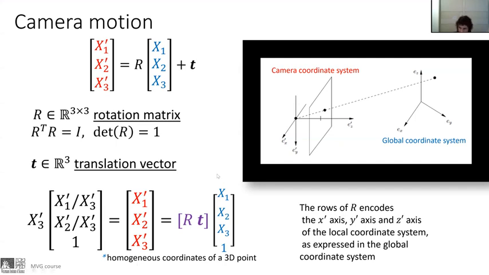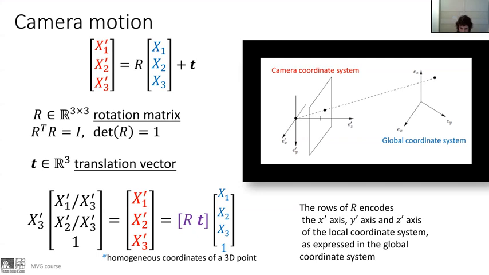The left is the local. The right is the global. In the camera motion, you would like to take each point in the world, denoted here by a dot, and move from x1, x2, x3 to x1 prime, x2 prime, and x3 prime, which is the representation of the 3D point in this local coordinate system.